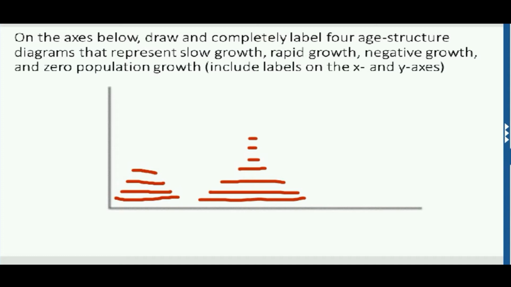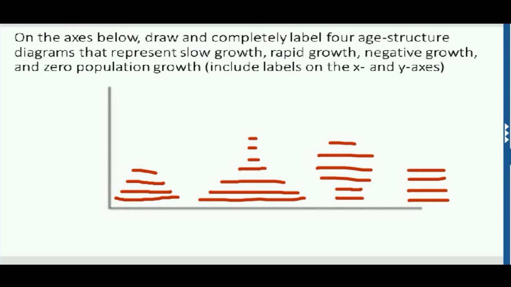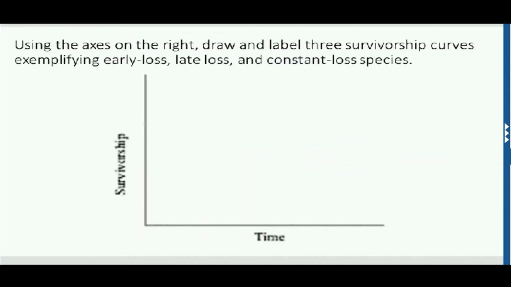One that has negative growth, you're going to have not very many little folks, but you're going to have more older people. Then zero growth would just be completely flat, like it would be the same. It'd be like a column. Okay. So those would be some age structure diagrams. It's the best I could draw anyway on the computer.